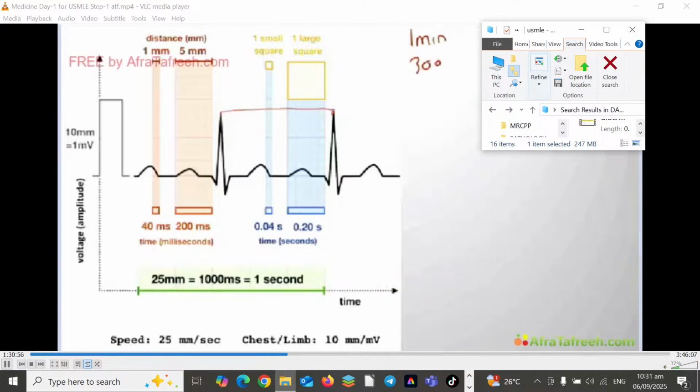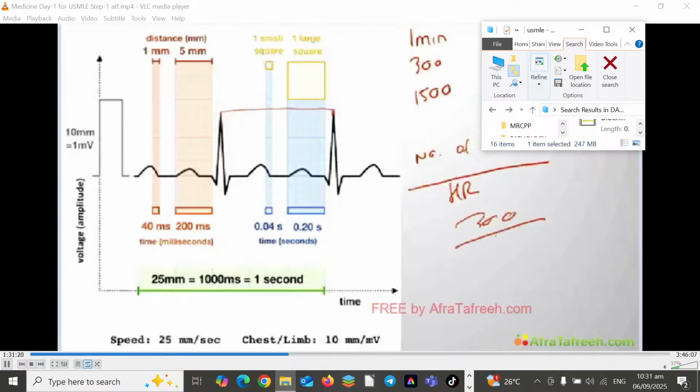It means 1500 small boxes. Crystal clear. That means the number of RR intervals that would occur in 300 large boxes would give you your heart rate. So that would be 300 divided by the RR interval.